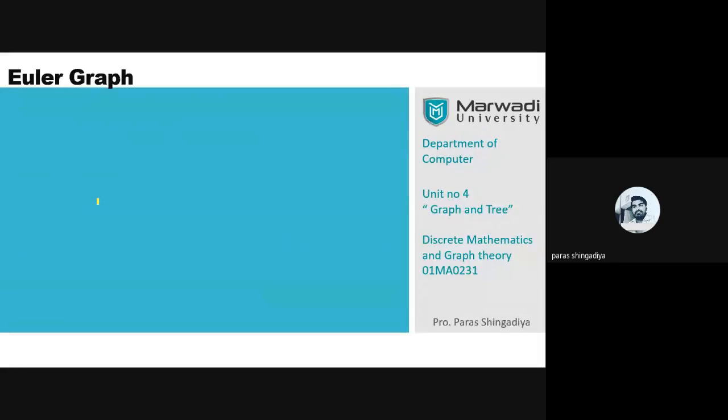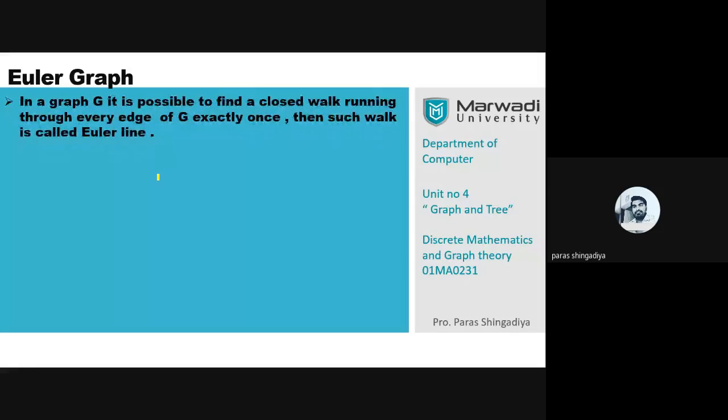Weight means the distance between two places, the kilometers between the two locations. So weights are given for each edge, and then we'll think about the shortest route. But right now it is not necessary. Okay, is it clear, Darshan?